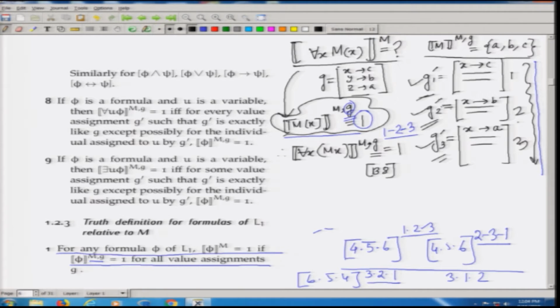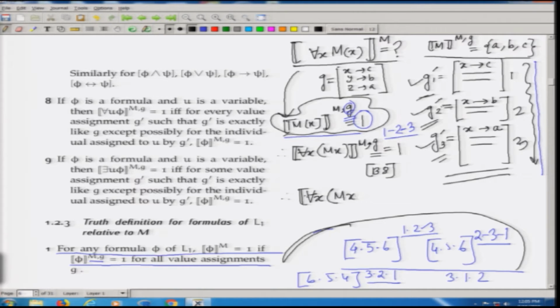But this need not be the only order, we could have done it in another order. It could be x takes b first, then x takes c, and then x takes a. It could be anything, but since we know that just by checking one direction we have checked all directions, now we can say therefore for all x mx with respect to M is 1.